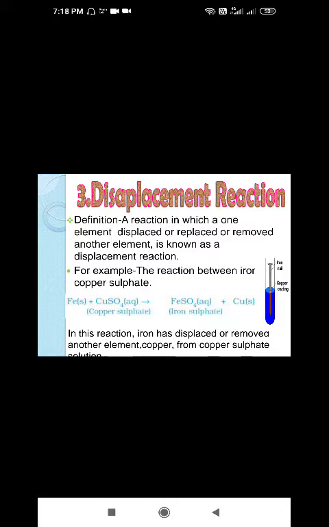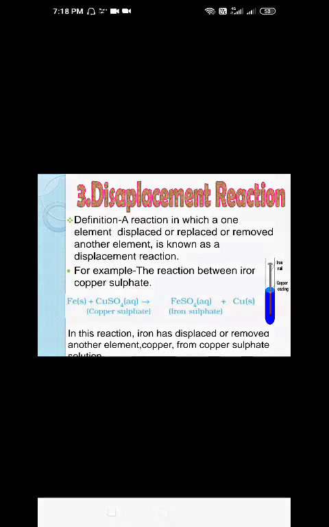If you remember, I used three elements: a red color circle, a blue box, and a yellow circle. To explain single displacement, I told you there was one compound of a red circle and a blue box.